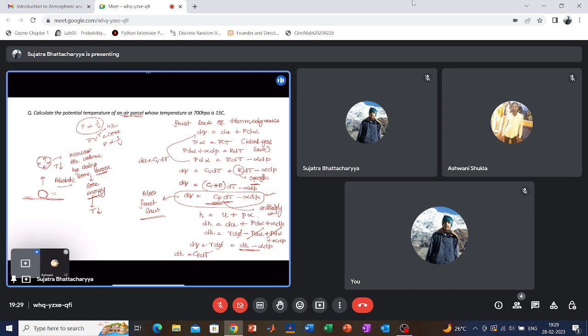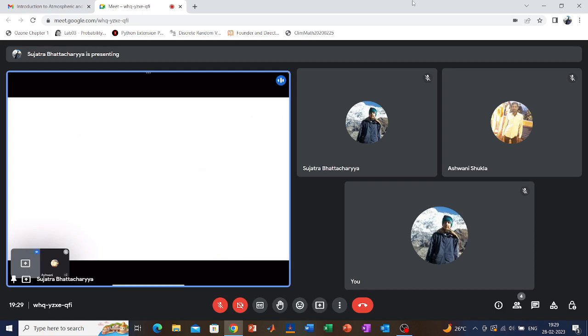So I will come to this question. Before that, let us derive the potential temperature. Okay, so I will use that first law, dq is equal to Cp dT minus alpha dP. It's an adiabatic process, the approximation which we take, so dq will be equal to 0. What will happen then? Cp dT minus alpha dP should be equal to 0.